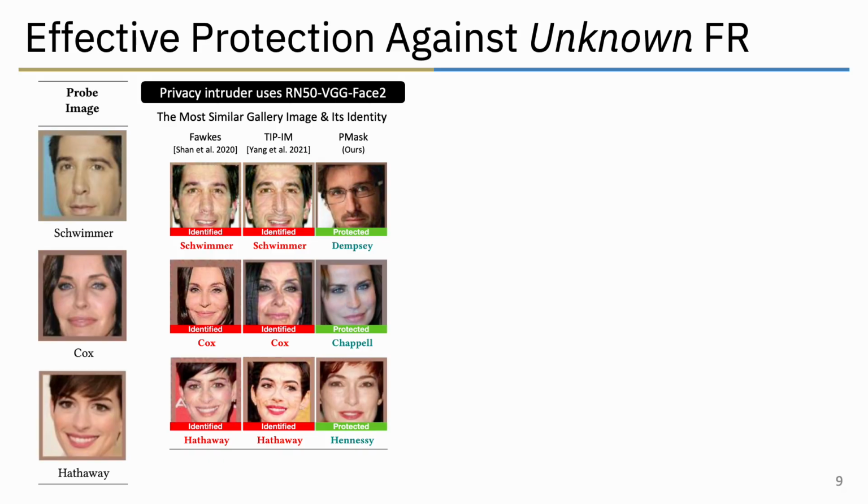Before looking into the recognition result under protection by PMask, we can take a quick look at the protection by other existing schemes, including FOX, the first column, and TIPM, the second column. We can observe that under their protection, the privacy intruder's FR result still returns the images of the correct person. But under the protection by PMask, the third column, we successfully make the FR system return an image of a different person.